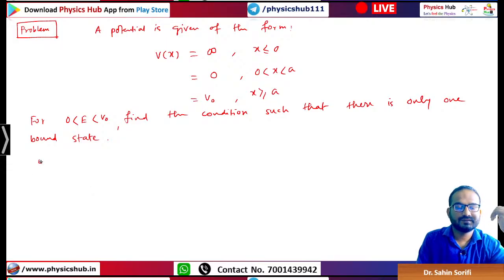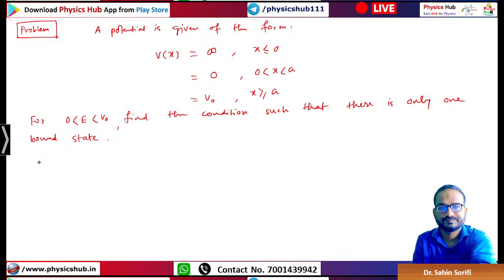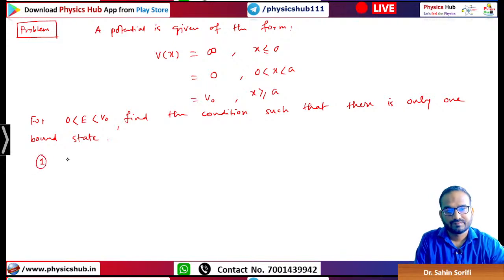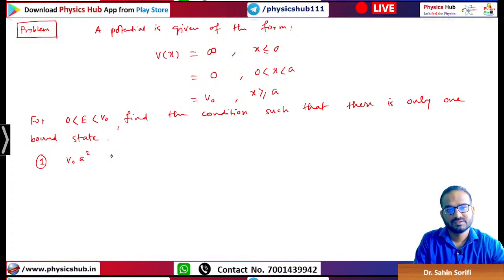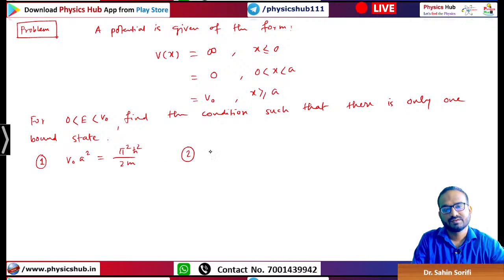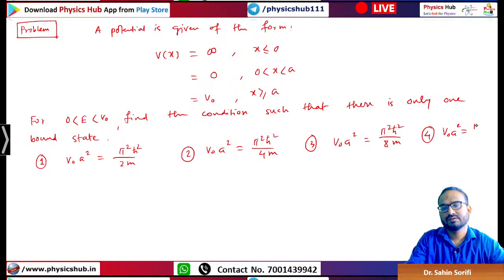So your options may be given like this: V0 a squared equals pi squared h-cut squared by 2m, or pi squared h-cut squared by 4m, or pi squared h-cut squared by 8m, maybe pi squared h-cut squared by 10m. Actually, we can calculate the strength of the potential, V0 a squared.